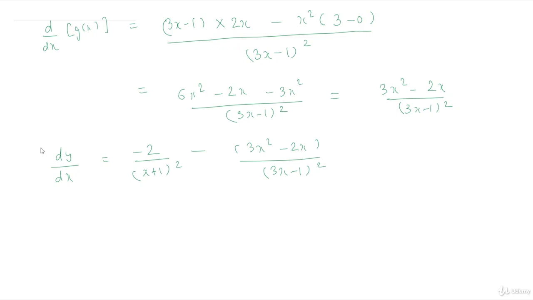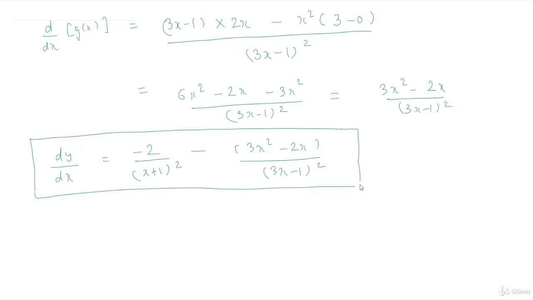So this is our final result. So the dy by dx, or you can say the derivative of y with respect to x, is coming like this. So we used two rules of algebra, that is subtraction and division rule, to evaluate the derivative for this function. Okay. So this was our third example.